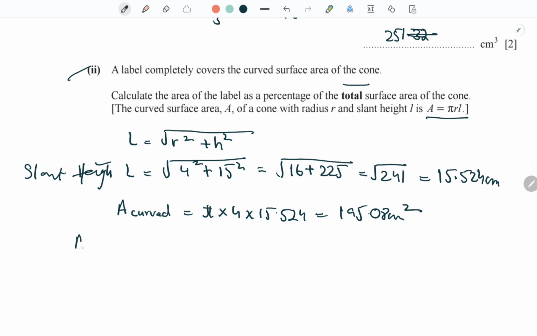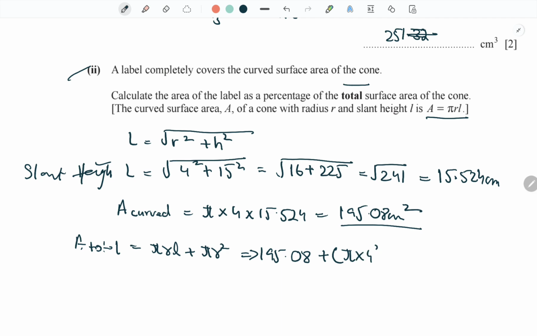Now we calculate the total surface area. The total surface area equals pi r L plus pi r squared. Pi r L is the curved surface area, that is 195.08, and pi r squared is pi times 4 squared, which is 16 pi.